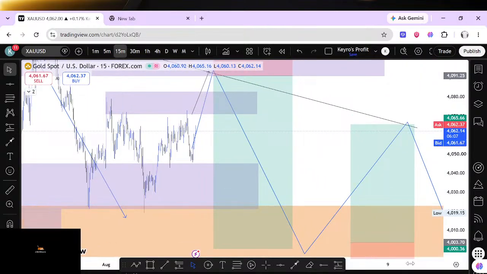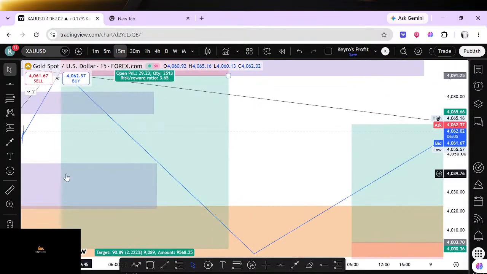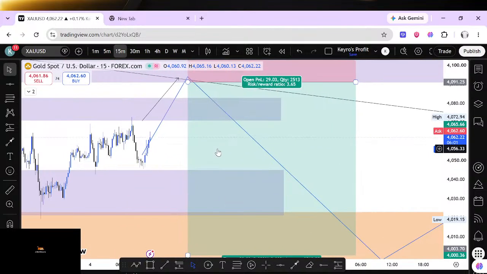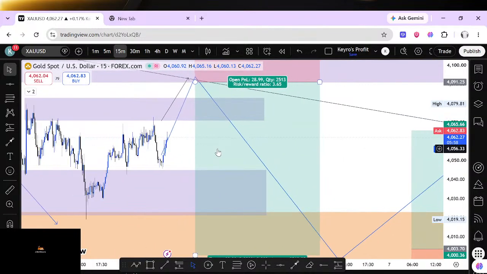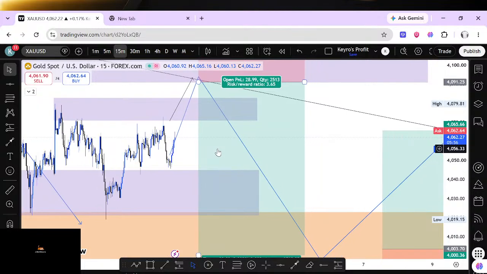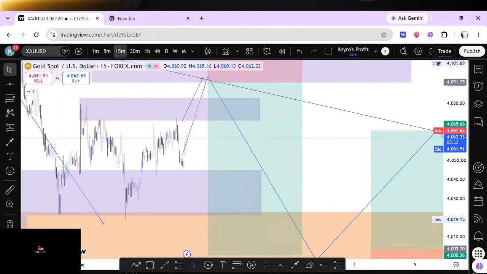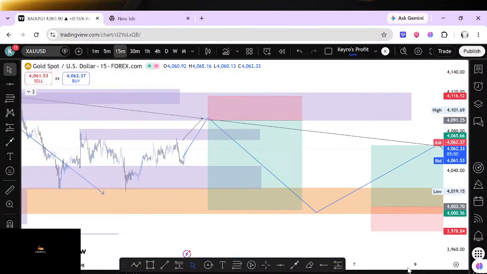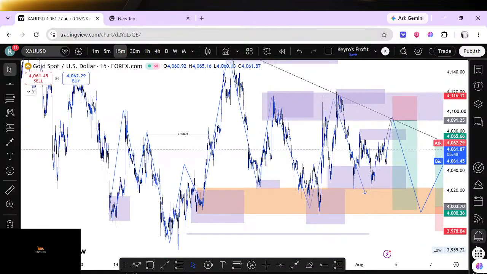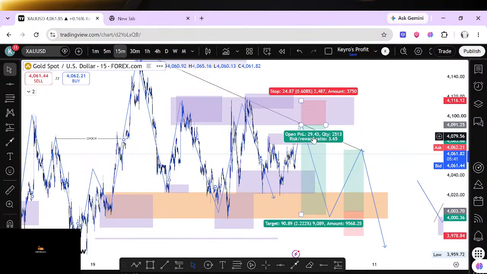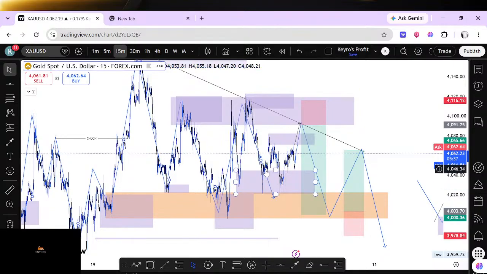So that's the entry that I'll be waiting for going forward. Now we're currently on a running trade. All right, the trade we took the other day, and it's still running in good profits. These are the zones. Okay, this is today's analysis, and this is what we're expecting in this market: the market to come to this zone and come back down here or break like that. So that's our analysis for today.